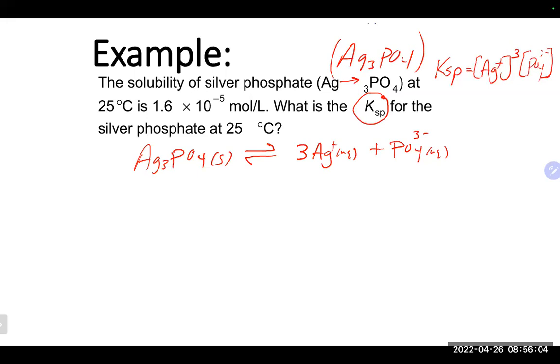Again, here our reactant is a solid, so it is not included in this. So what we would want to do is approach this question.